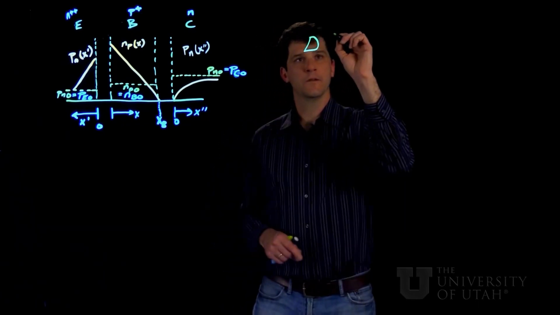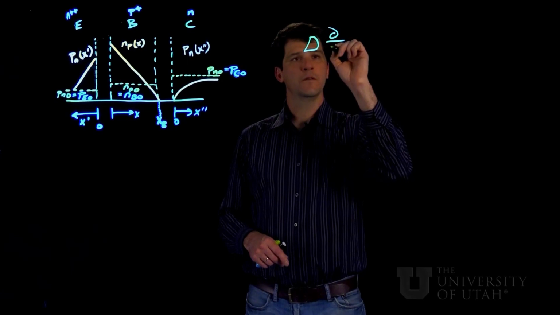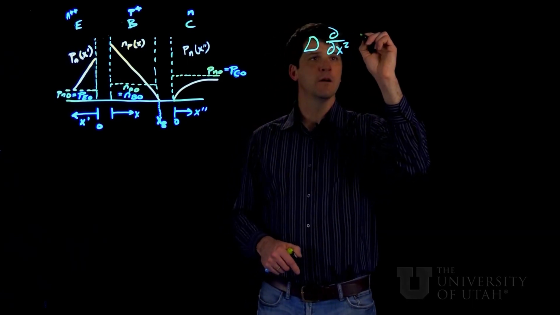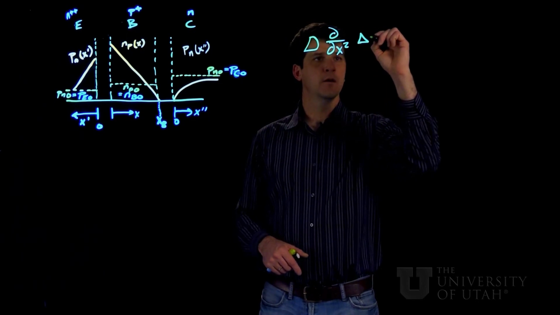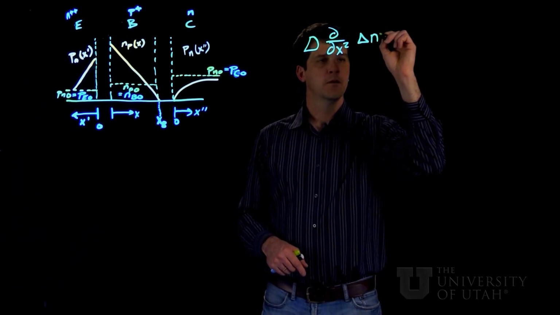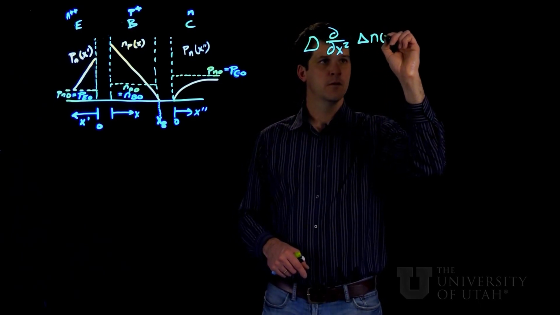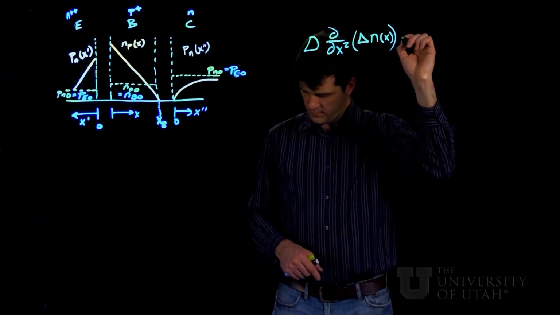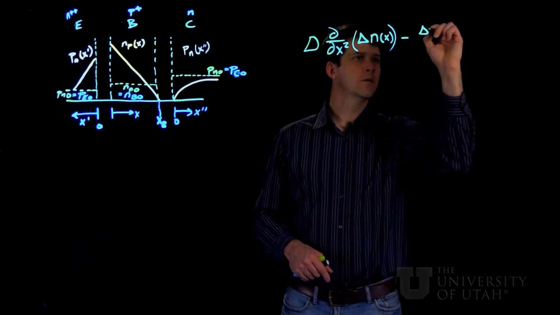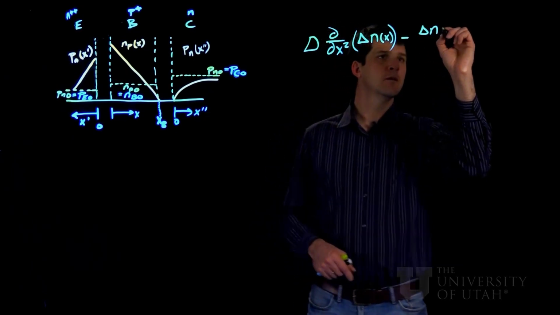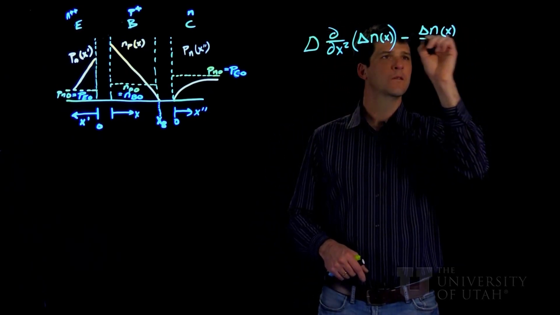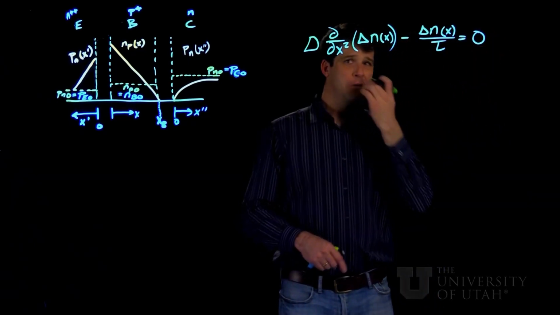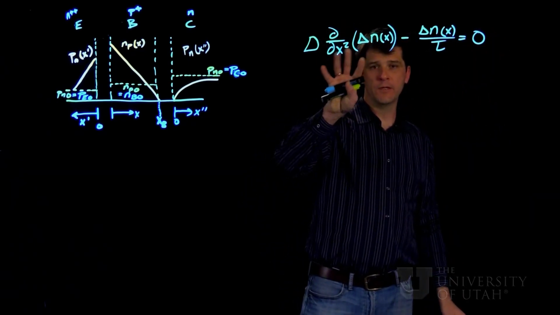So the diffusion constant D d squared/dx squared of delta n of x, minus delta n of x over tau equals 0. So this is the diffusion recombination form of the equation.